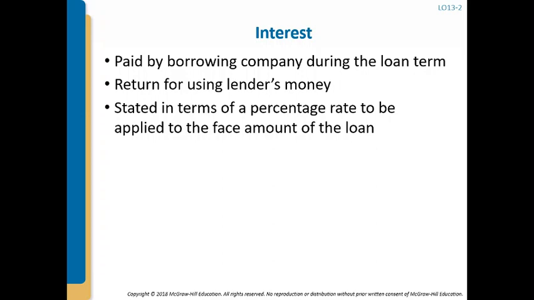And of course, it's going to be whatever percentage rate that the parties agree to, based upon that percentage times the number of months that you borrow times the fraction of the year you borrow it.